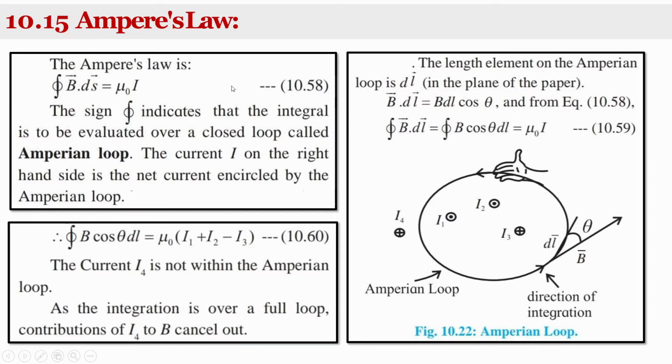That is the mathematical statement. According to the statement we can write the formula: the line integral of B dot ds or B dot dl is equal to mu naught I.